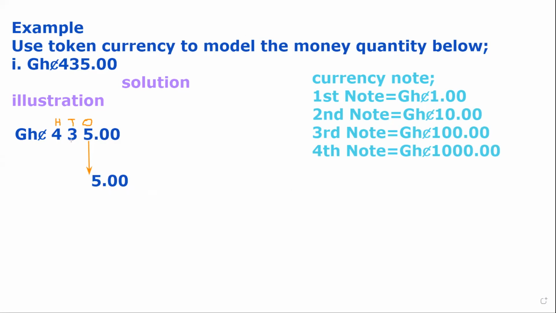Now, check the real value for the 3 here. The face value is 3. The position where this 3 occupies is the tens. So 3 times 10 will give you 30 Ghana cedis.